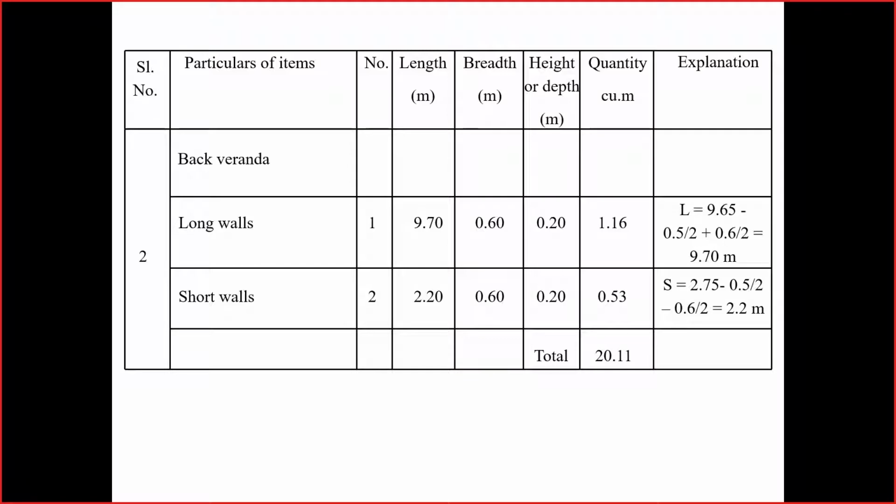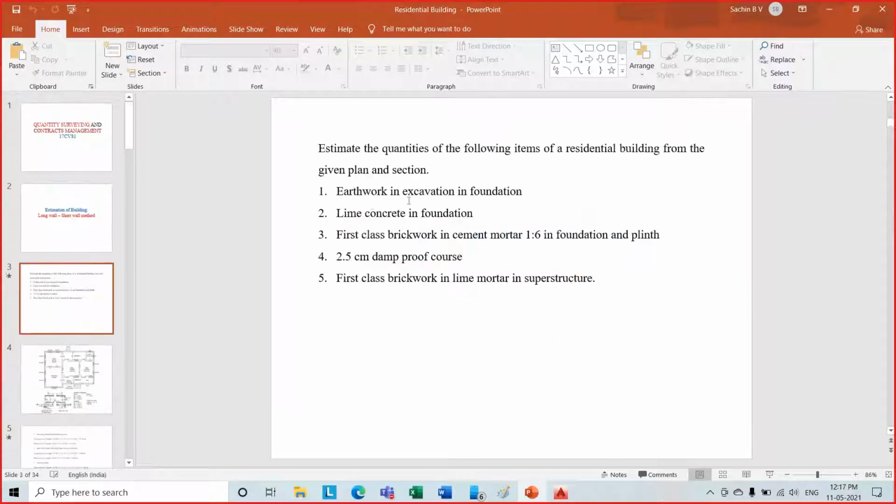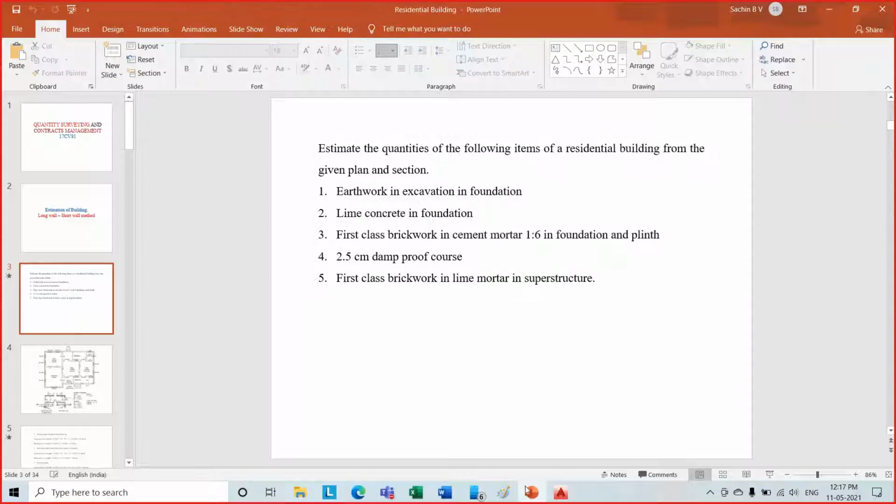Now we have done the calculations for lime concrete. If we go to the question which is mentioned here at the top, we have done the calculations for earthwork excavation in foundation, lime concrete in foundation. We also have the next part which is first class brickwork in cement mortar for foundation and plinth.